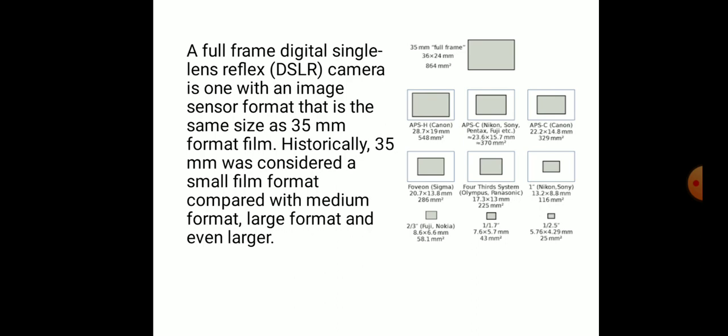It is a very small format, but nowadays it is basically the structure of DSLR cameras. You will find not a frame but an image sensor or film sensor in a 35 size.